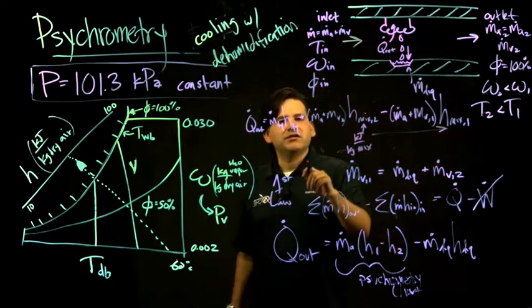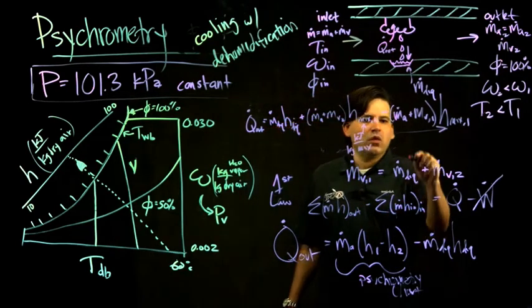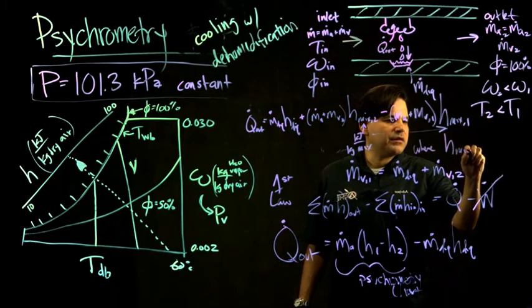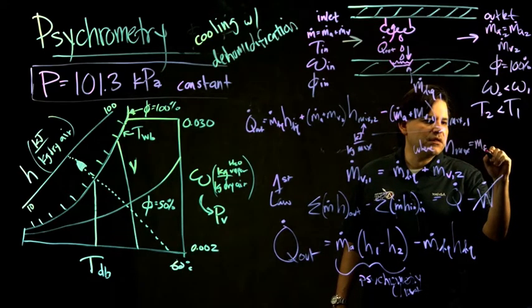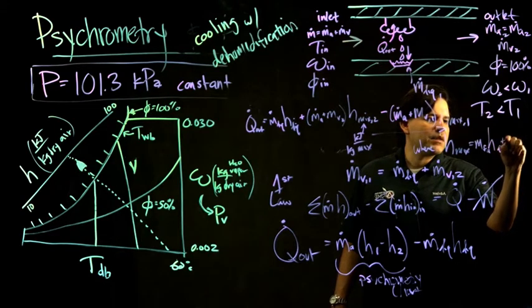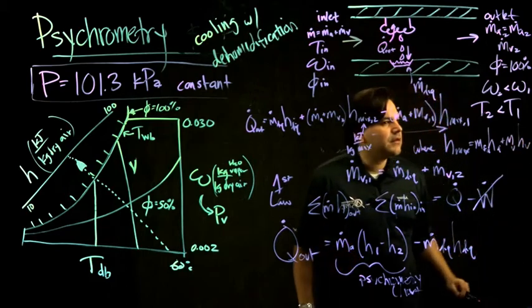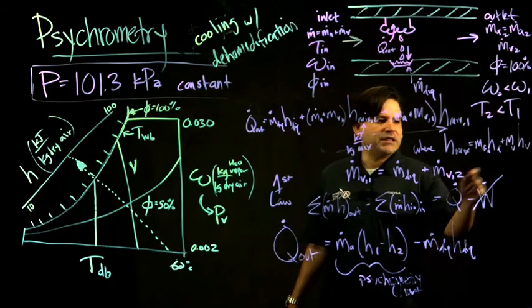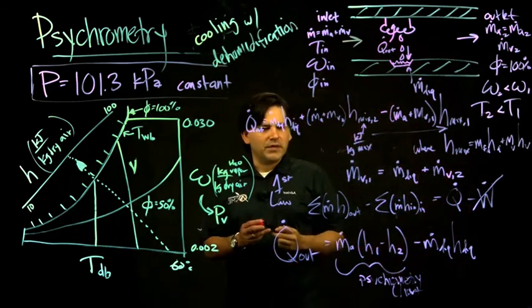We would have to first take the average of these enthalpies, where enthalpy of the mixture equals the mass fraction of air times the enthalpy of air plus the mass fraction of vapor times the enthalpy of vapor. So that's how you do these mixtures. It can get pretty tedious pretty quickly. So that's how you would apply the first law balance.